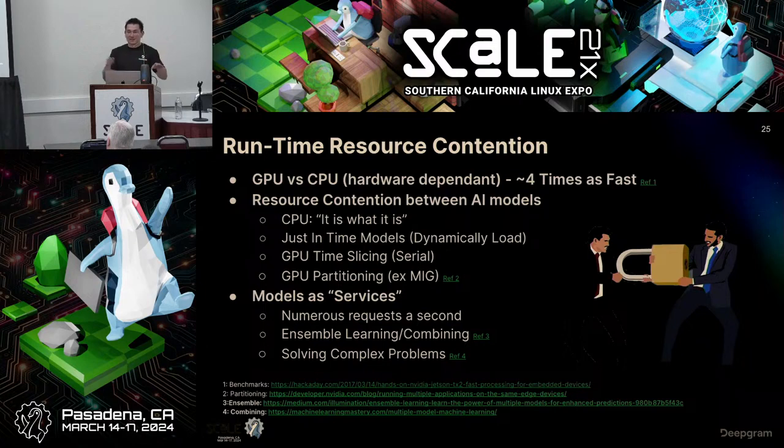Not the speech to text or the text to speech. There are actually methods for combining multiple models to make whatever data or functionality you want your device to have more accurate, reliable, whatever it is. So there are mechanisms for combining multiple models to give you better results, better answers.